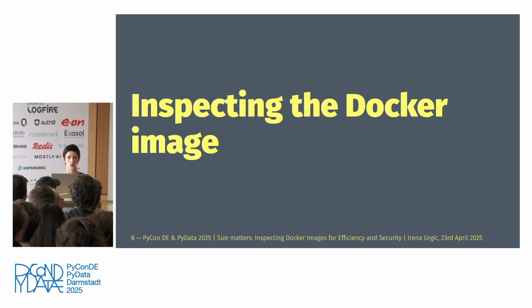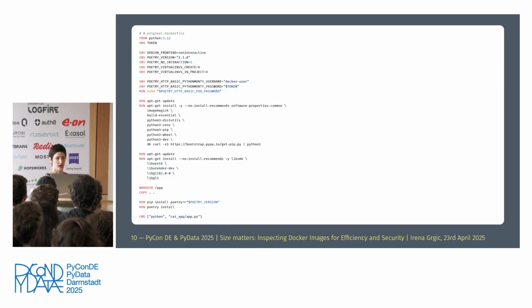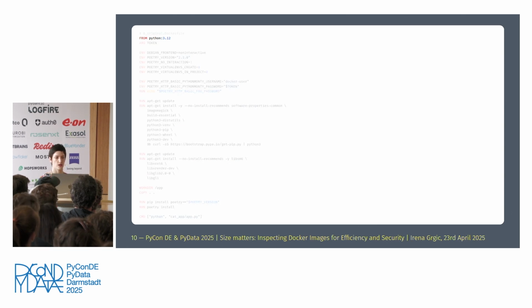Now let's look into our first original Docker image, starting of course with the Dockerfile. This is how the Dockerfile looks. The base image is the Python 3.12 image. The image has a build argument called token. Then we are setting some environment variables, including the value that we passed via the build argument token.